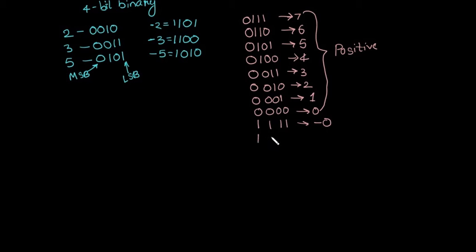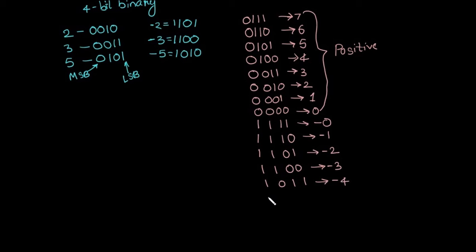as 1 1 1 0, which is negative 1. For positive 2, the corresponding negative 2 is 1 1 0 1. This is negative 2. And negative 3 is 1 1 0 0. This is negative 3. And 1 0 1 1, this is negative 4.